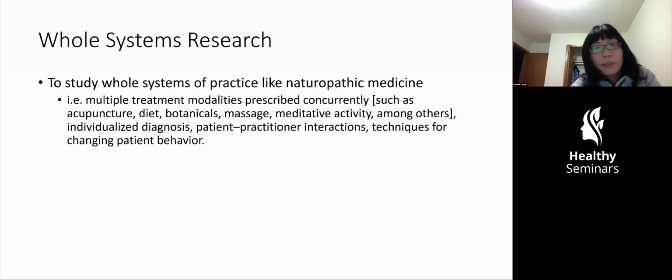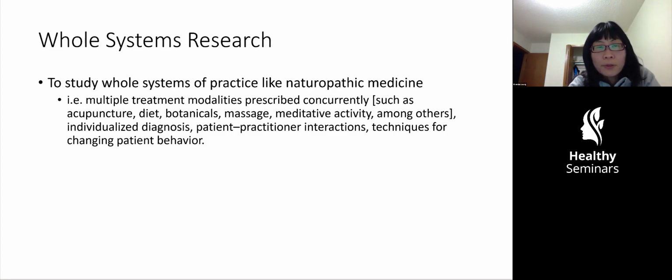And so if we're to consider a practice like naturopathic medicine, we know that the treatments that are prescribed are often concurrent in different forms, different modalities, and even different levels according to be consistent with the needs of the patient.